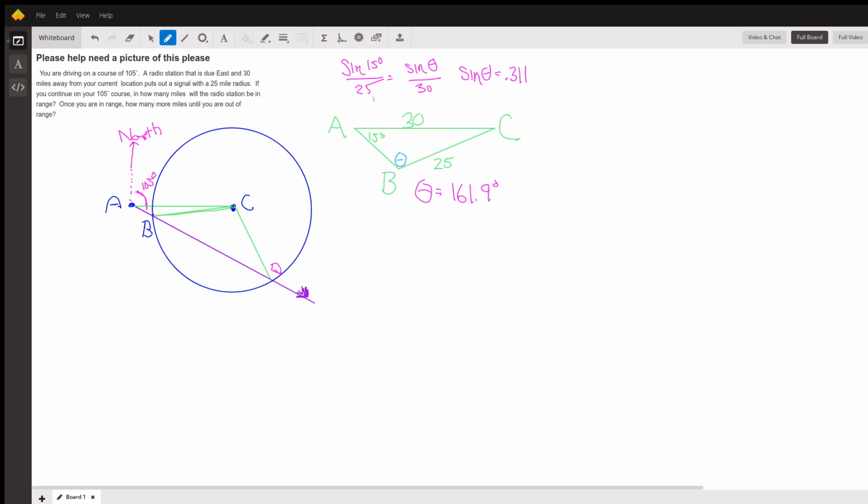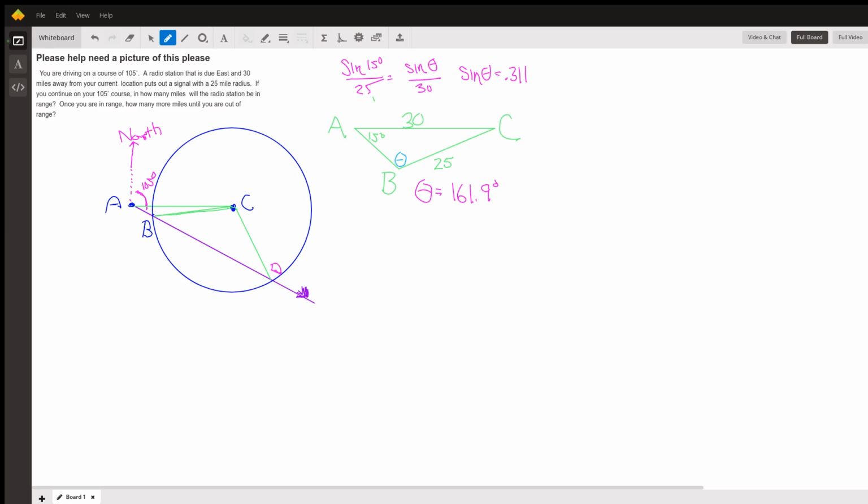We're going to jump on to the second part of the question. We are now looking at that car driving along that purple path into a signal at B and out of the signal at D. I've drawn in the radius from C to D, and we also already have the radius from C to B. Those two, of course, are the same length. So that triangle there, two sides are green and one side is purple, is an isosceles triangle.